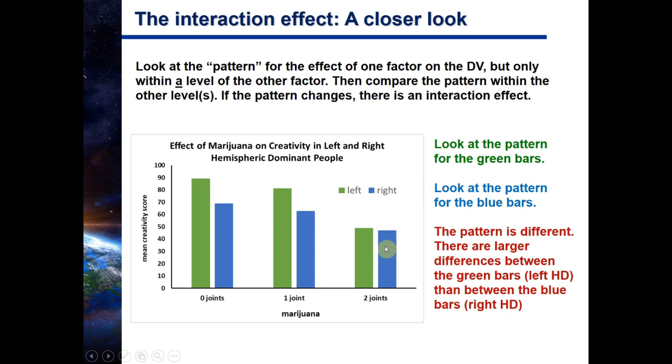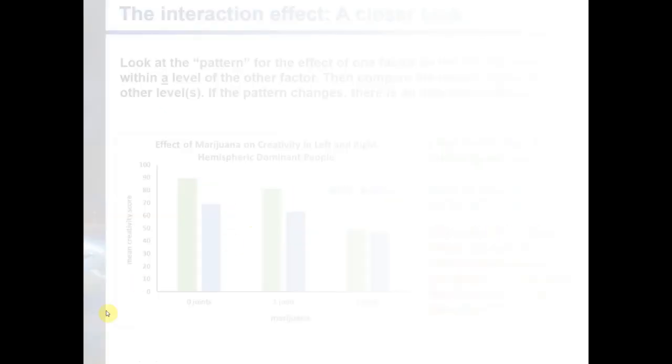Now we have to ask what's going on in this last condition. From here to here is a pretty dramatic drop, from about 85 to about 50. So that's a 35-point drop. Now the question is, is the drop from blue to blue also about 35 points? Sorry, let me go back.